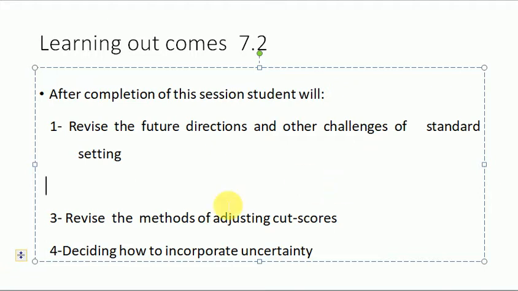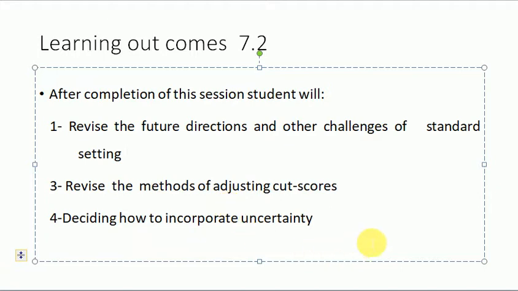Revise the methods of adjusting cut scores. And number 3, deciding how to incorporate uncertainty.